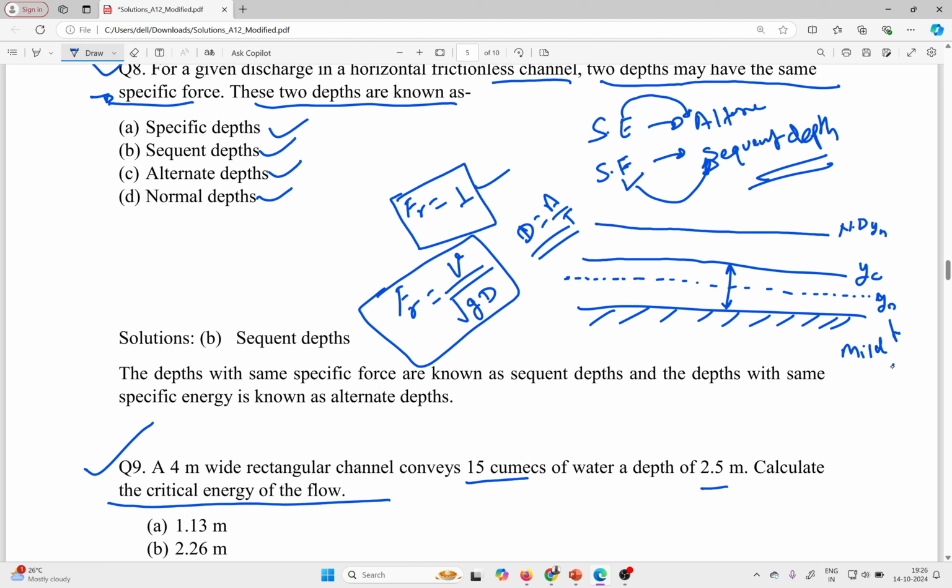Whatever depth we calculate using Manning's equation, that type of depth is known as normal depth, practically. If you know the velocity and everything in the Manning equation and calculate the depth, that is your normal depth. And critical depth is nothing but that depth which has Froude number equal to 1.